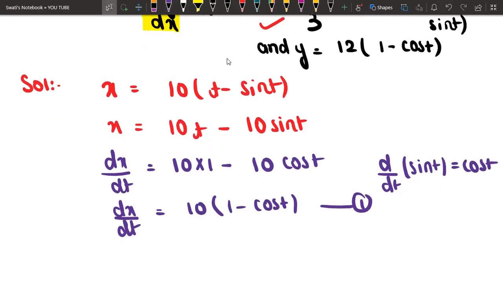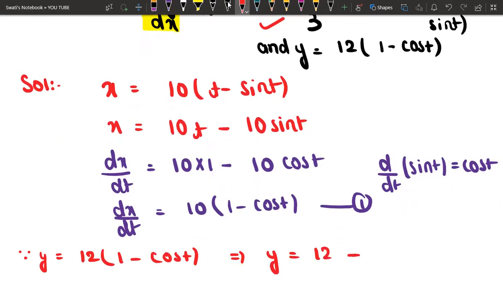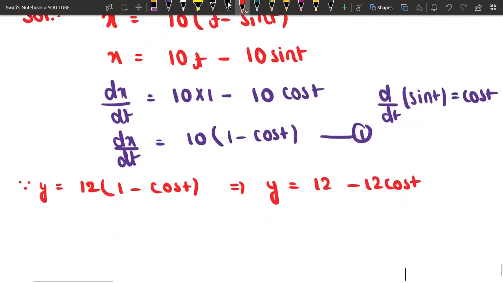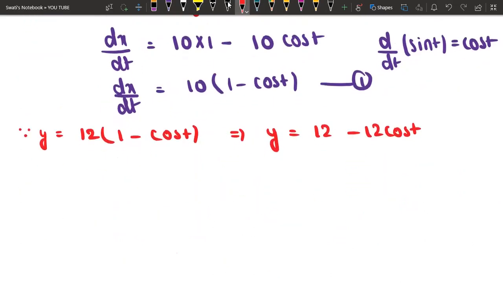Now let's find out dy dt. Let's write down the given information. Since y is given as 12 times 1 minus cos t, I can write this as y equals 12 into 1 is 12 minus 12 cos t. Now I need to differentiate both the sides with respect to t. So this will become dy dt. Derivative of 12 is 0, because 12 is a constant and we know that the derivative of a constant is 0, minus, and here we have 12 constant that I'll take outside.